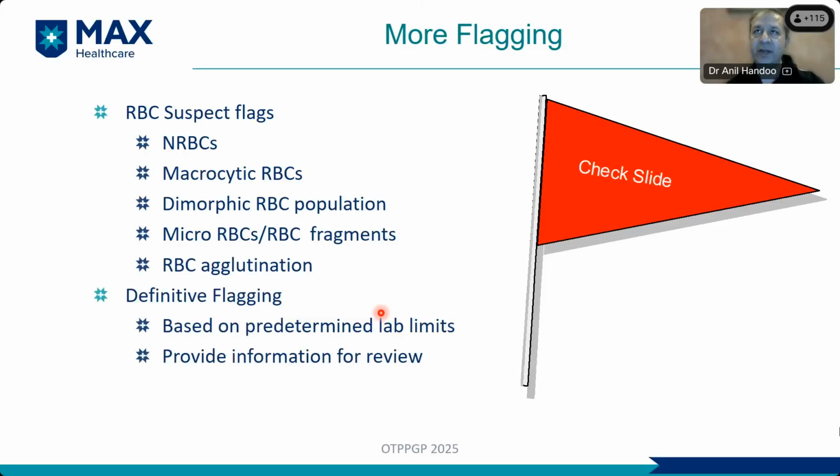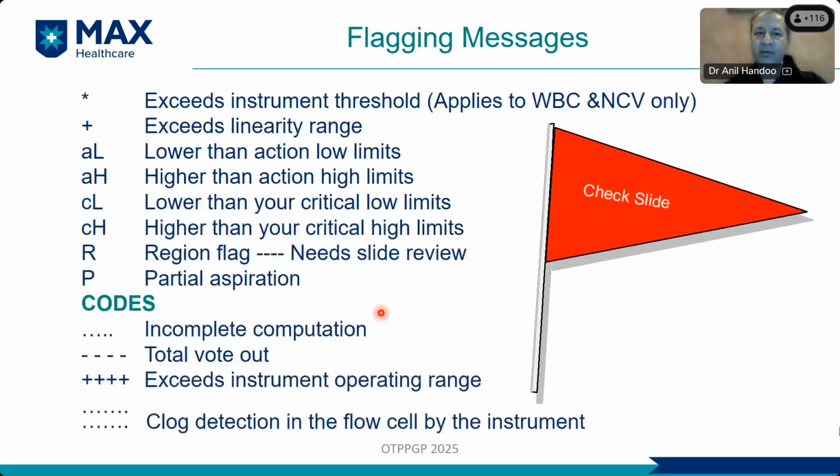For example, you can decide that you want a critical alert at a certain number, and the instrument itself will give you a critical alert, right? And sometimes you might also want the analyzer to let you define how and when you should be having information for review. So all these are possibilities with respect to flagging.